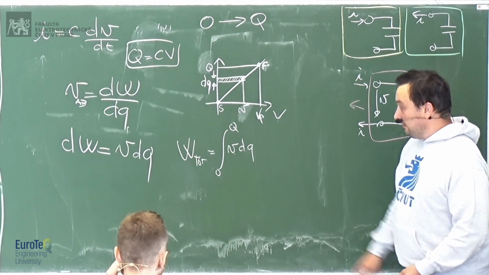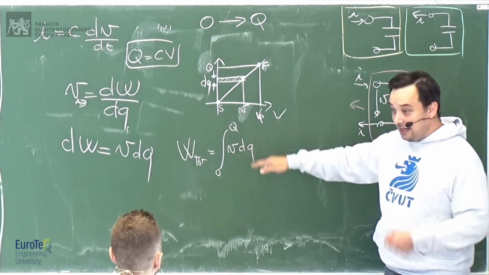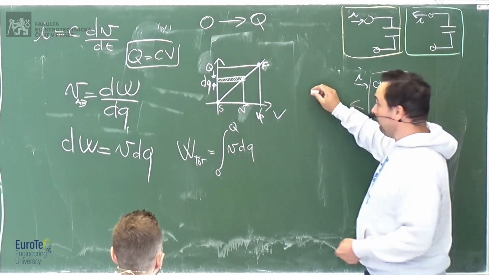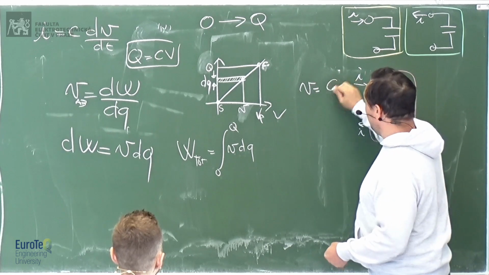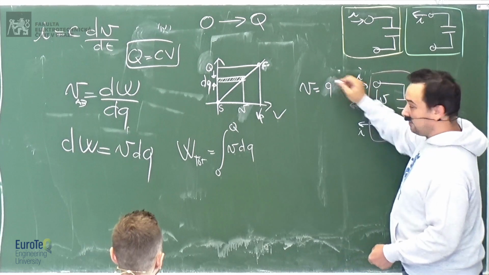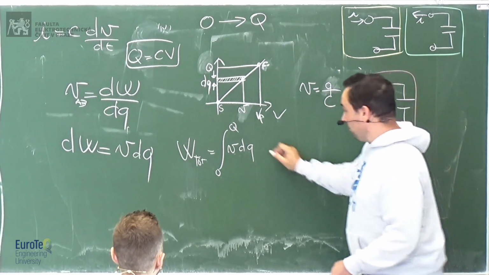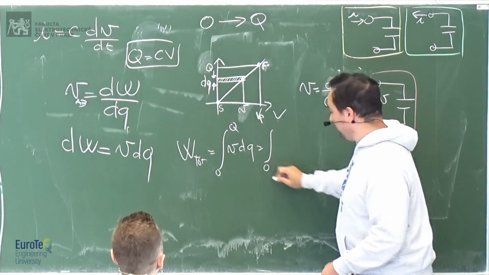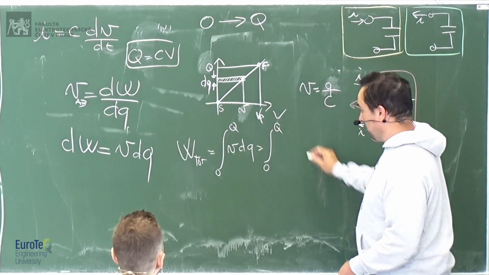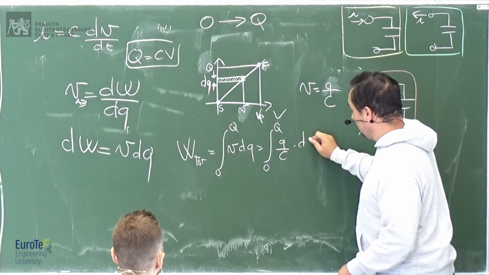But the voltage is not a constant. It's changing. It's a function of Q. So the voltage, in this case, will be q over C, with the small q that you have to integrate. So it will be the integral of q over C dq.